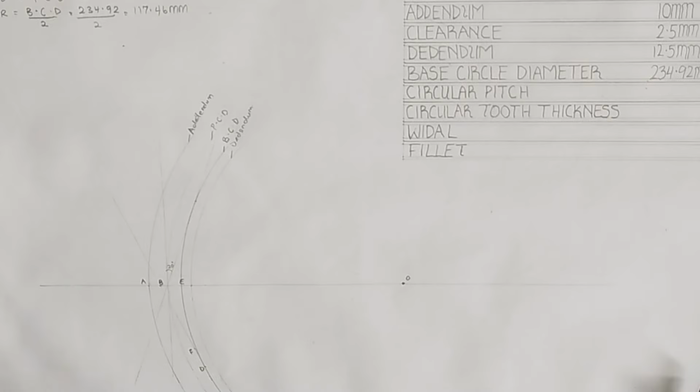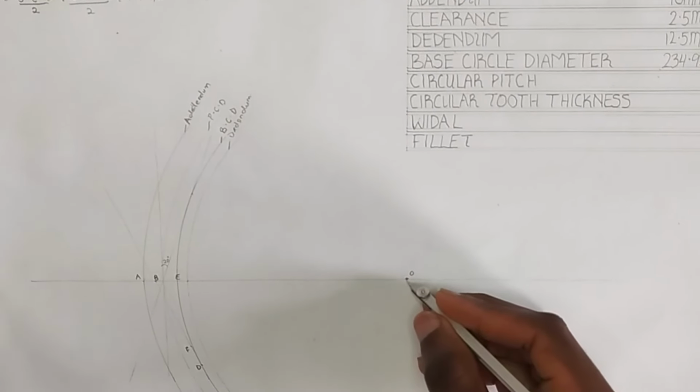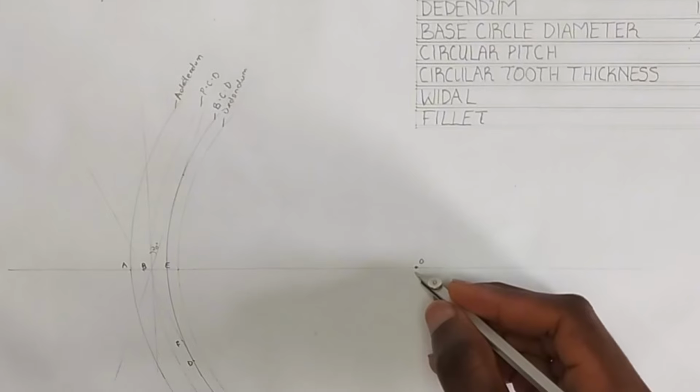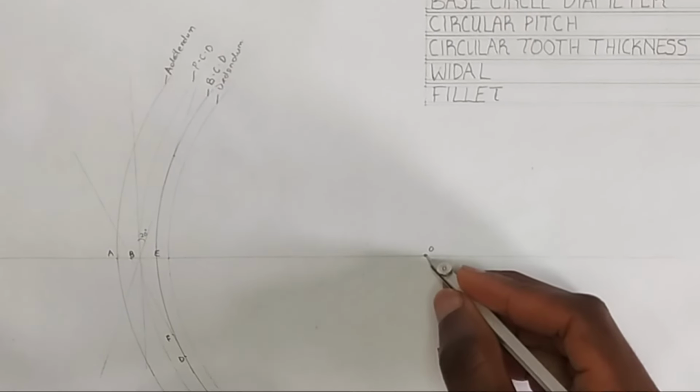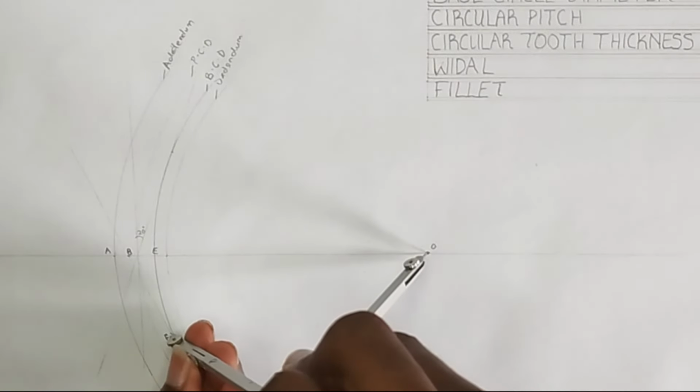Now what we are going to be doing right next is to pick our compass and extend from point O to point F to get our radial circle. So from this point O, I will extend it to point F here.